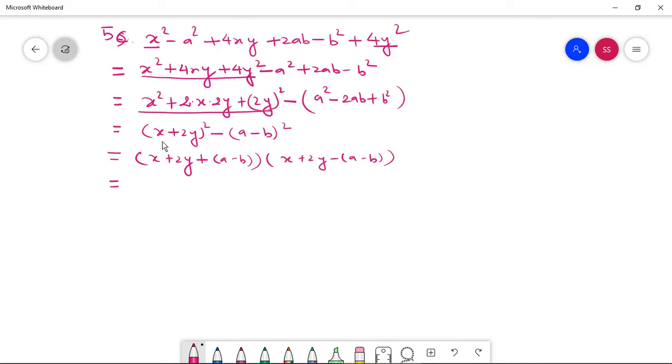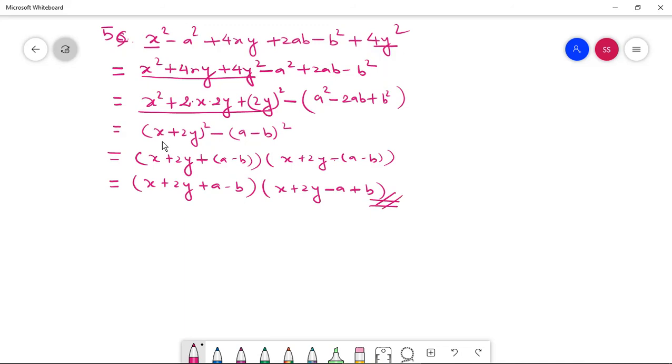If you open the bracket and multiply by this sign, you get this term. Here we need minus, so I have taken it. In another form, we cannot apply the formula directly. Minus a square plus 2ab minus b square, we have not studied that. So we have to develop this form to apply the formula.